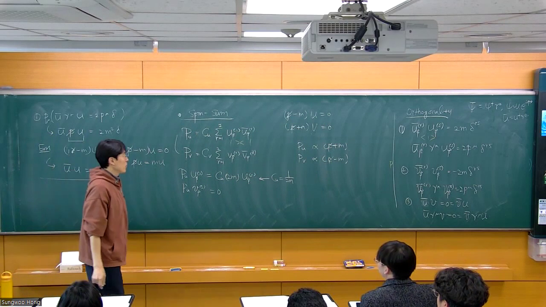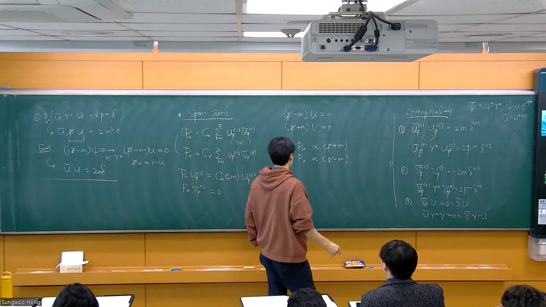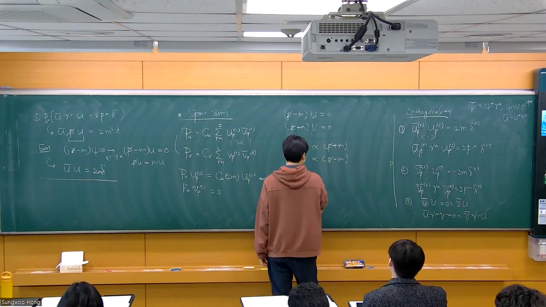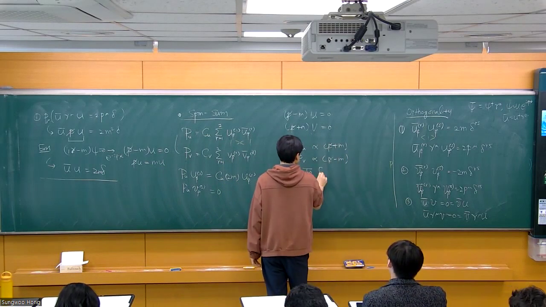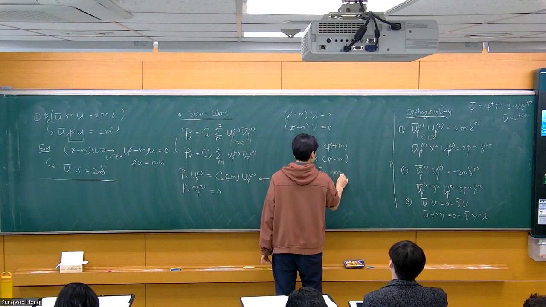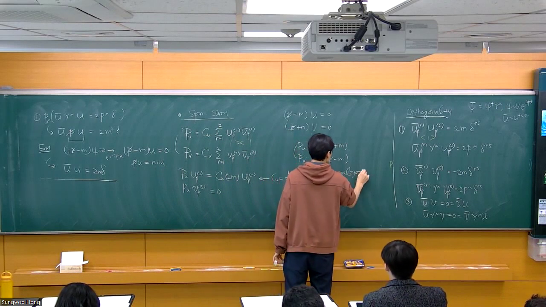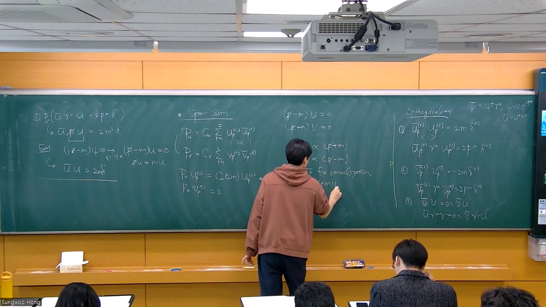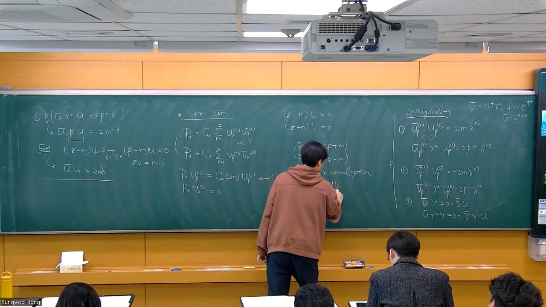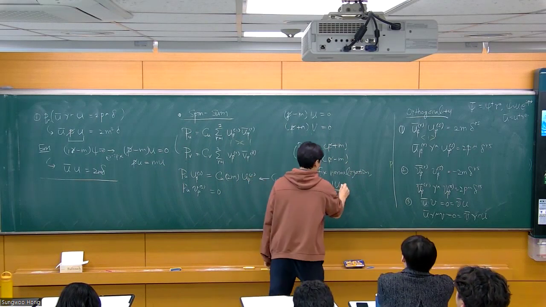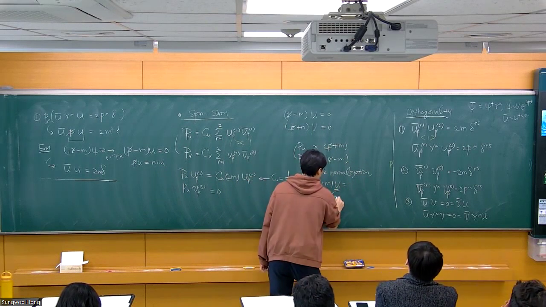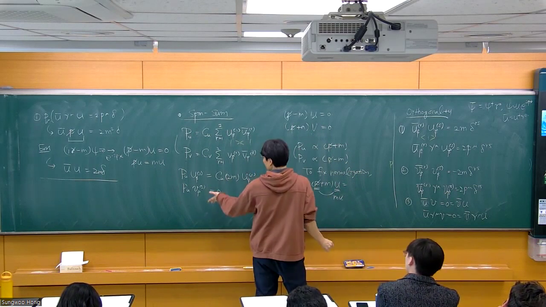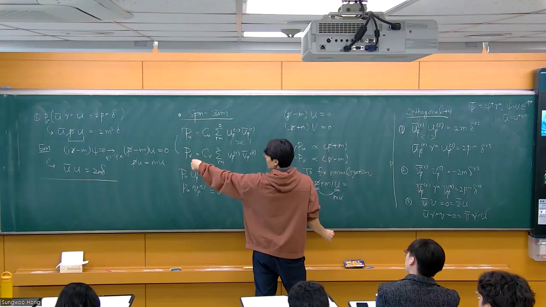Okay, now we just need to fix the normalization. So in order to do that, I just need to work out how this guy acts on the u. So to fix the normalization, let's just work it out. p-slash plus m acting on the u. But then p-slash acting on the u, according to the equation of motion, gives me m times u. So that was exactly the equation of motion.